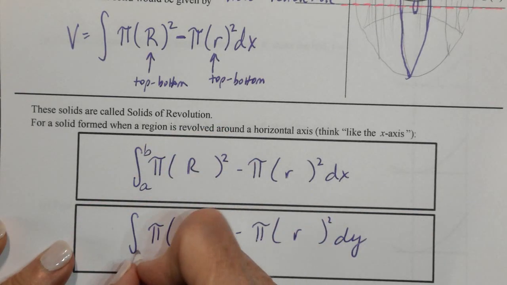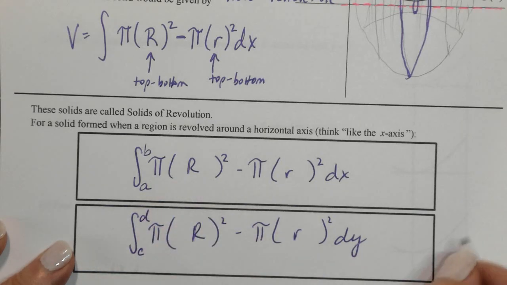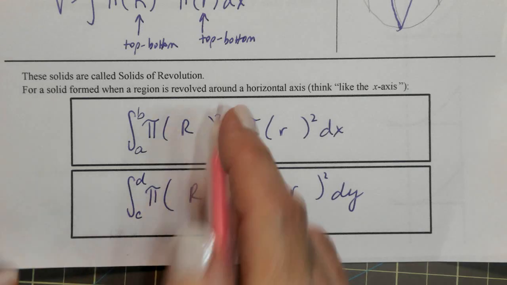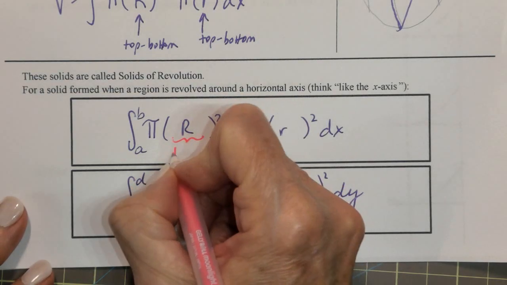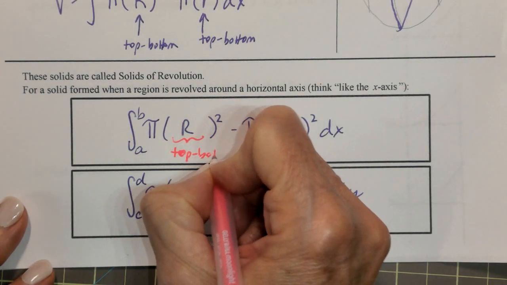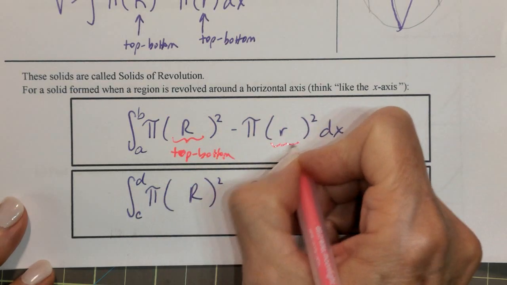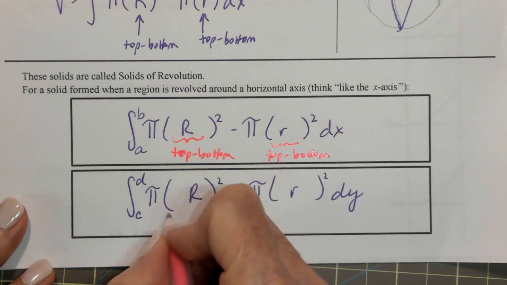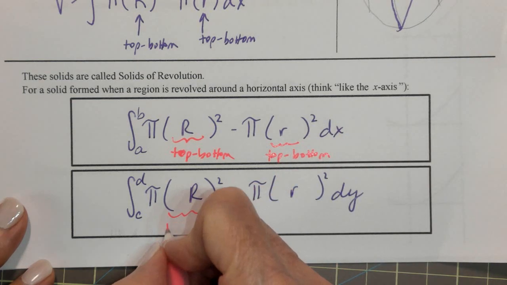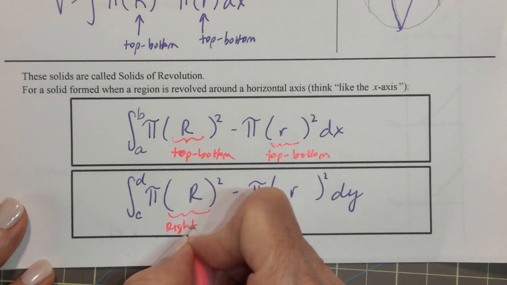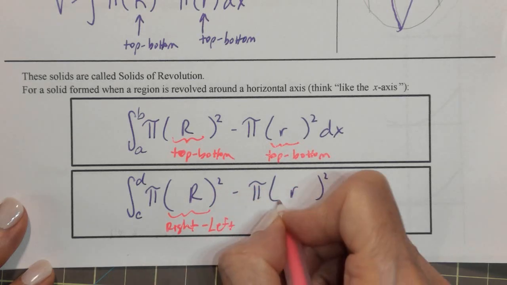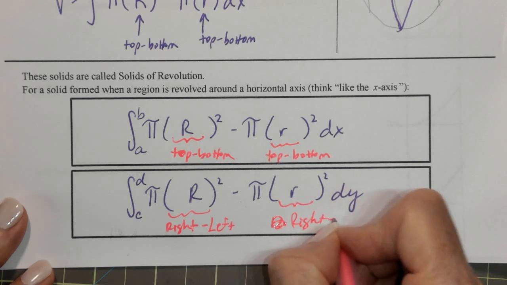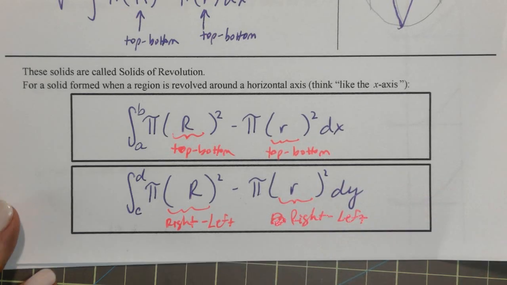If you have a dy, you're going to need y boundaries. If you have a dx, big R is going to be top minus bottom. Little r will be top minus bottom. If you have a dy, instead of top minus bottom, right minus left. Alrighty?